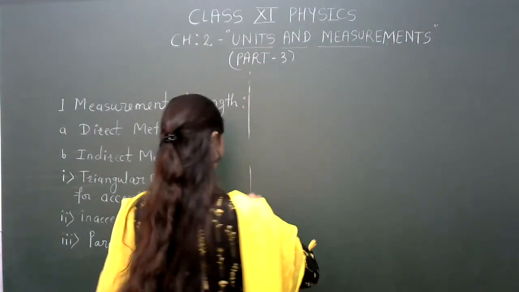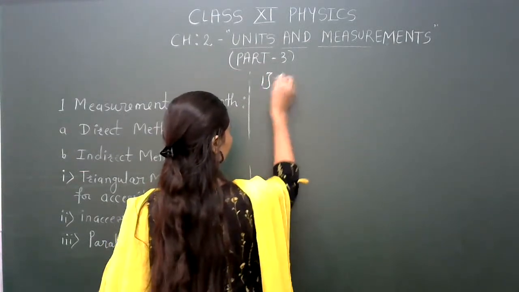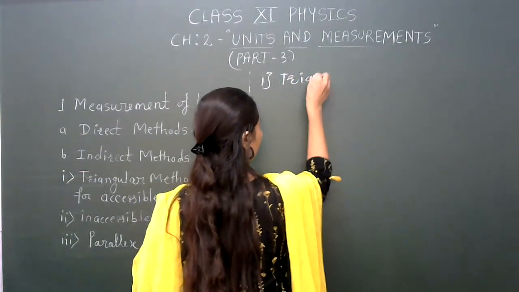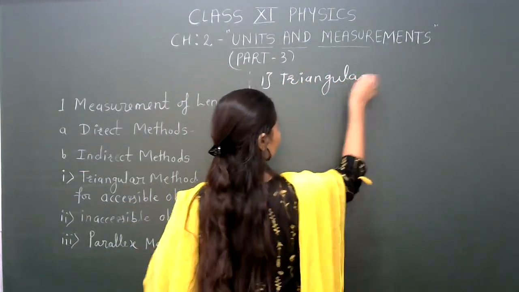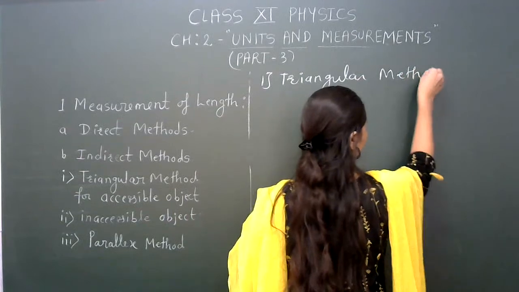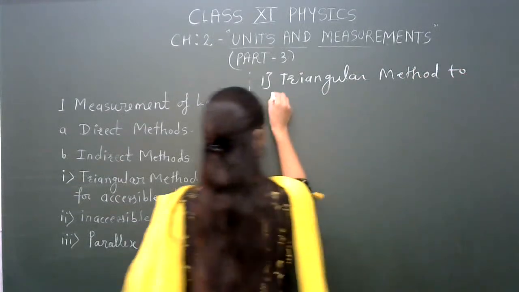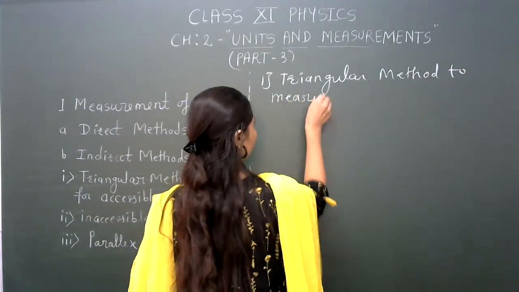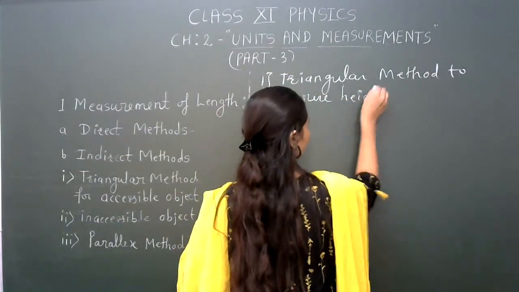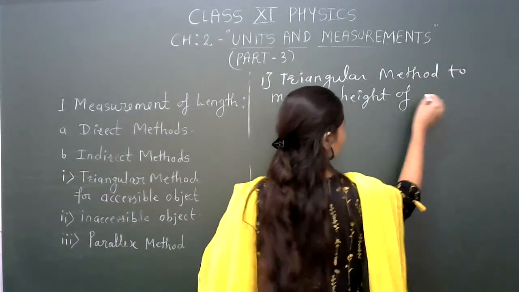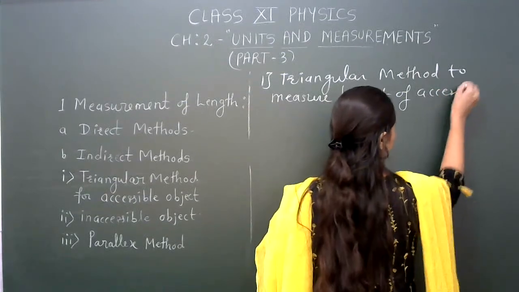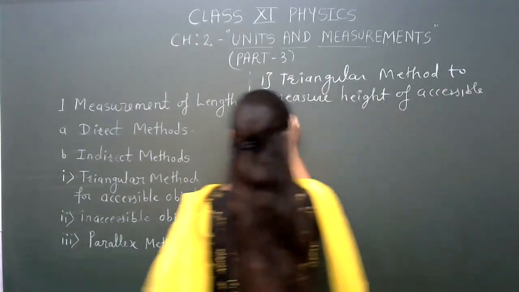So we will start here first with the triangular method to measure the height of an accessible object.